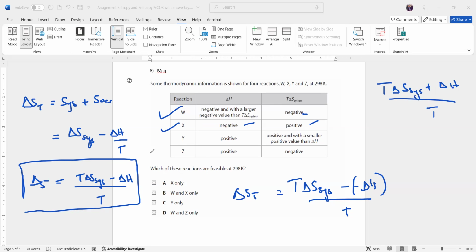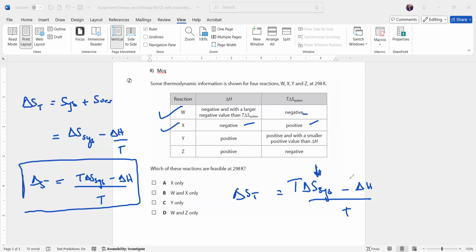But what about Y? When we check Y, delta H is positive. If delta H is positive, this will be subtracted, and the T delta S product has a smaller value.